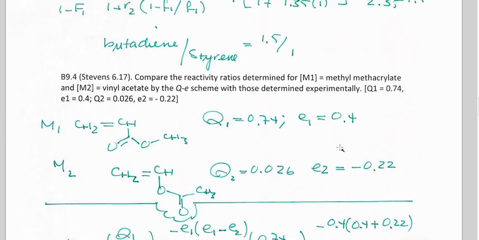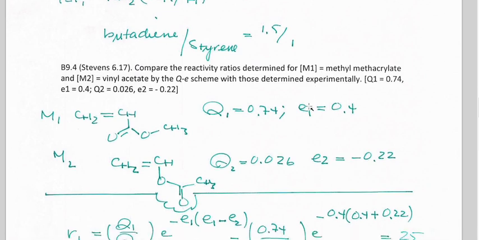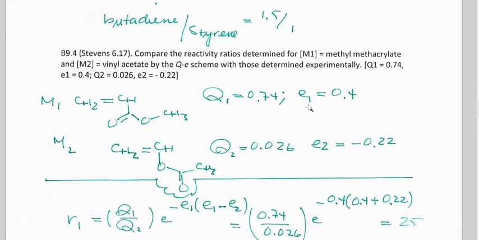Now we also learned some new equations, and that was Q. So we learned that if we have a Q1 and a Q2 for two different monomers, like for these two monomers, and we have what we call an E1 constant and E2 constant for these two monomers.